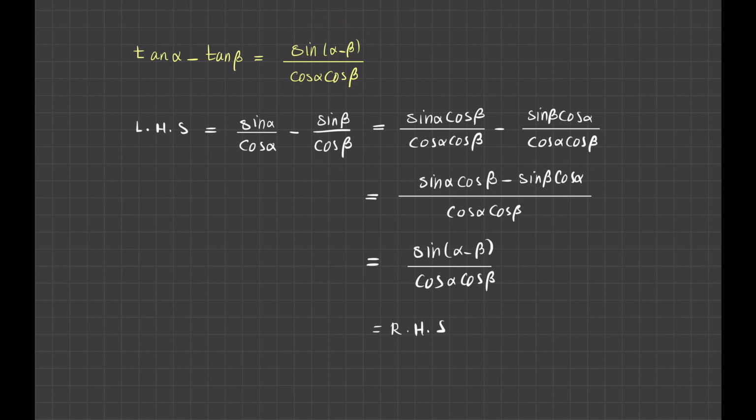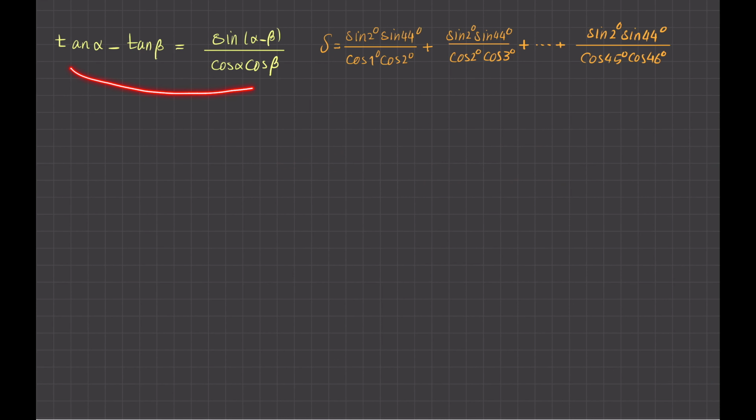Okay, now we want to use this to find the given sum. As the problem hinted, I want to use this identity to calculate the exact value of this sum, and for simplicity I call this sum S. The first observation is that the product of sine 2 degrees sine 44 degrees repeats itself in the numerator of all the fractions in this sum S. So it is not a bad idea to factor that combination out.